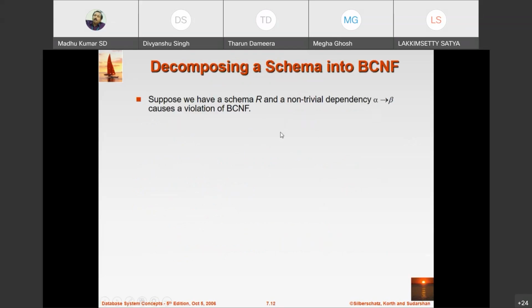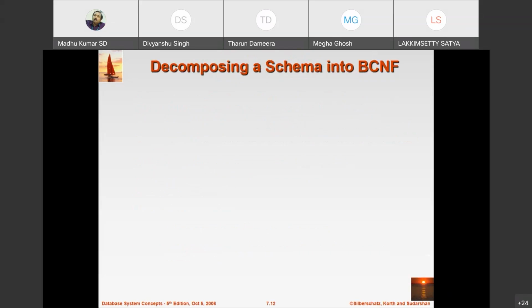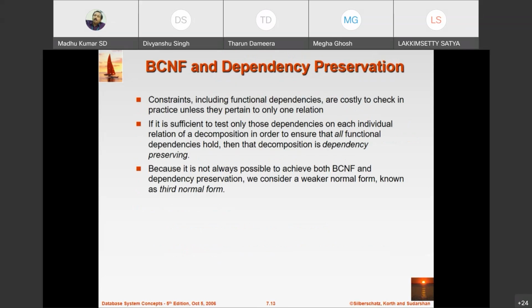All right. Now let us see more about BCNF: decomposing a schema or a relation into BCNF. Suppose we have a relational schema R and a non-trivial functional dependency of the form alpha determines beta, which is causing a violation of BCNF.